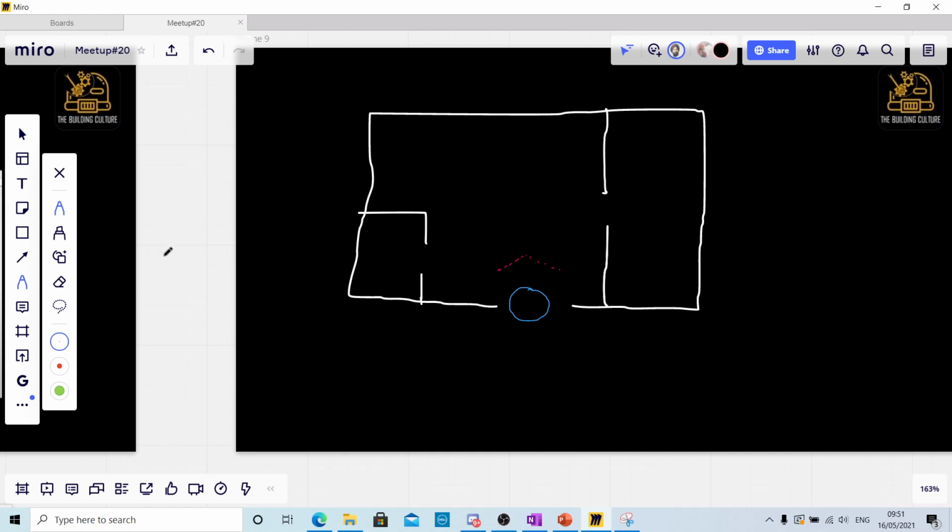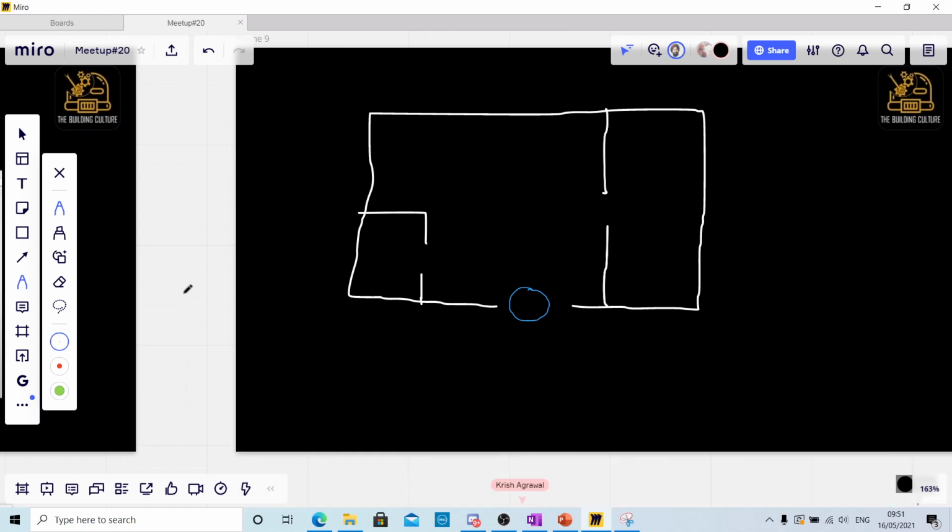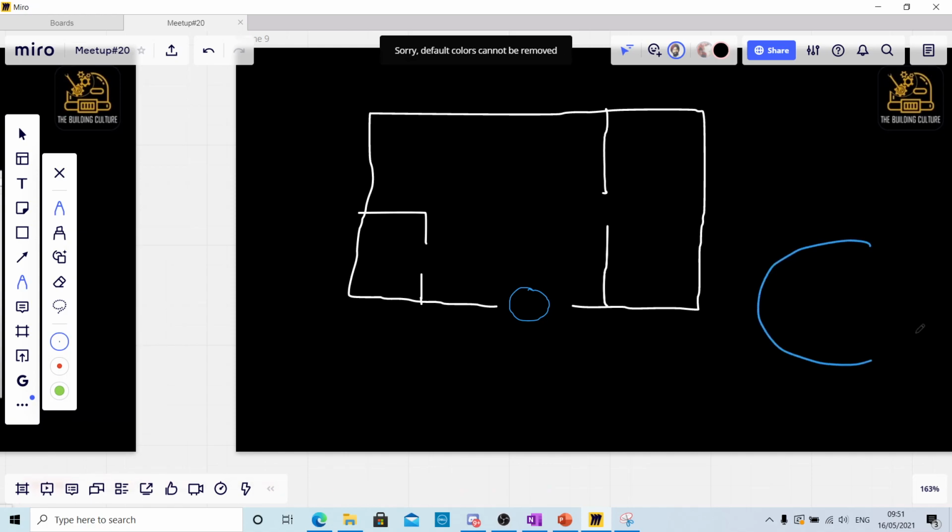Now basically we know that it has odometry. We know from our last session also, to repeat, that the Roomba has three wheels.